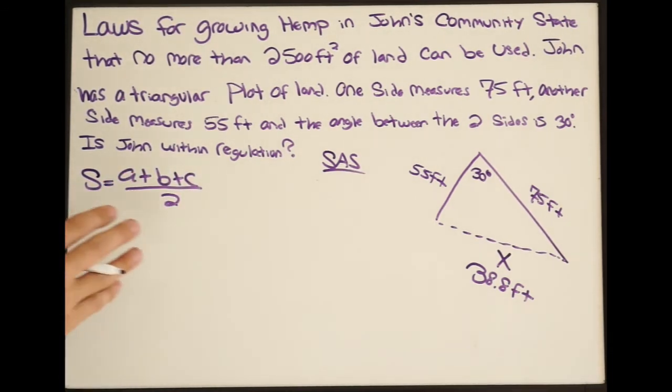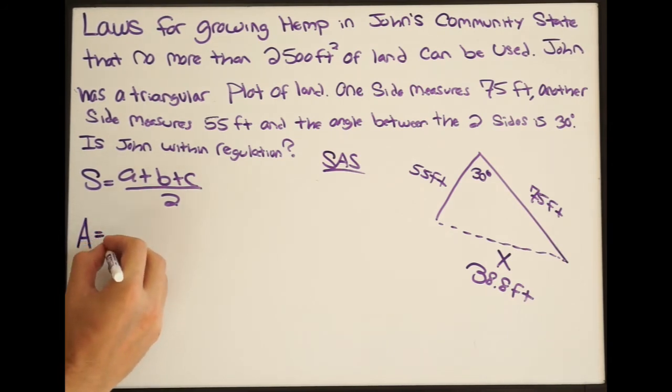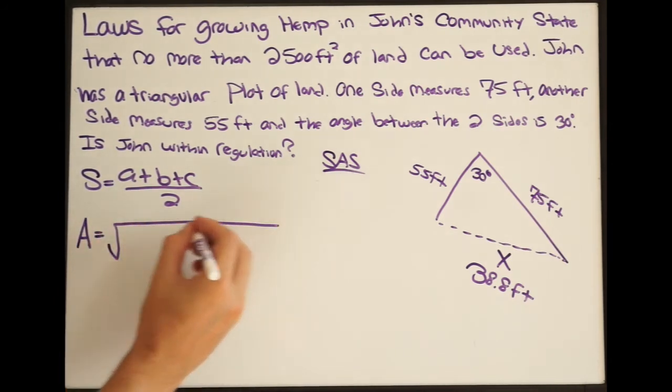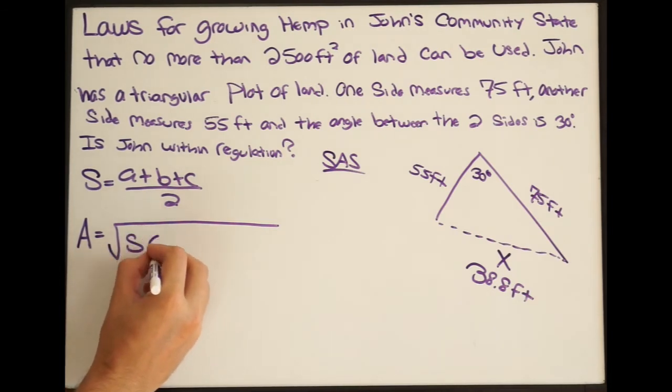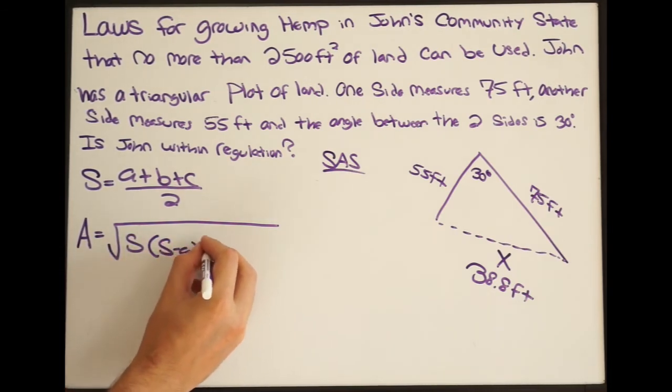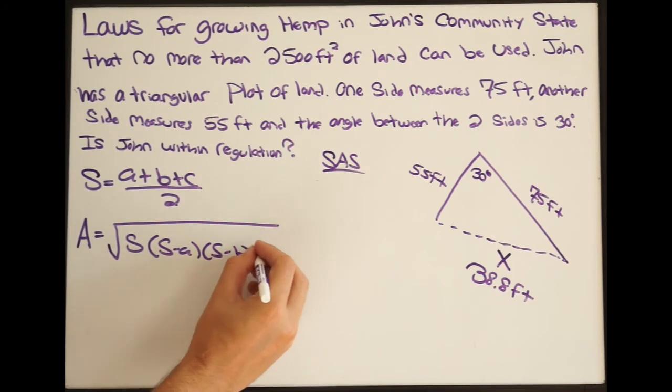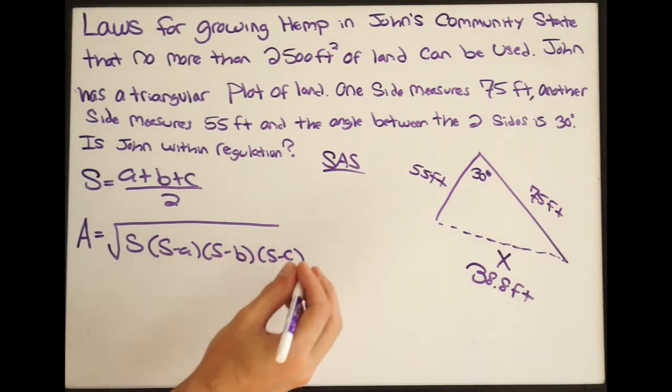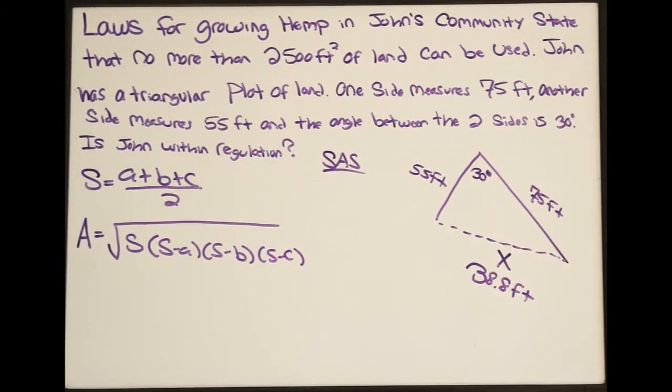Once you have S, you can find the area of the triangle using the following formula: the square root of S times S minus A times S minus B times S minus C. Again, A, B, and C are your side lengths. You can put those in any order you want. It's multiplication, so it's not going to matter.